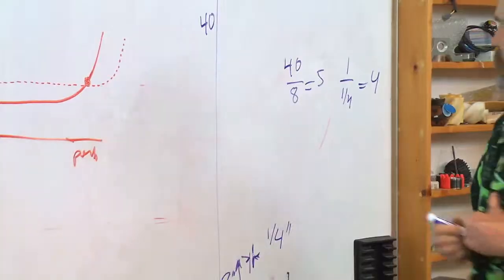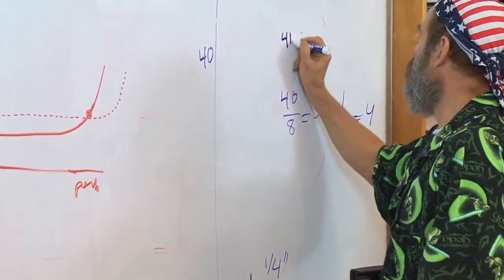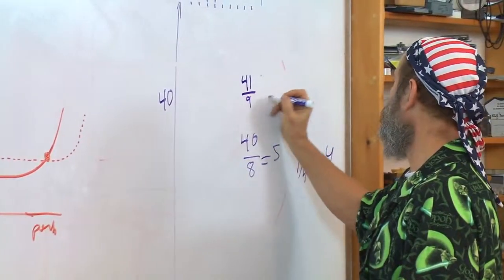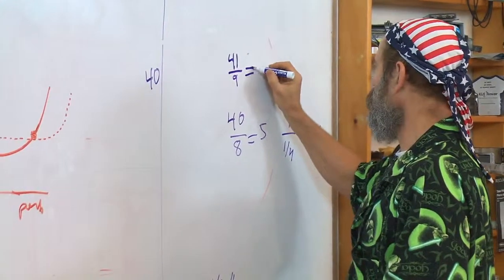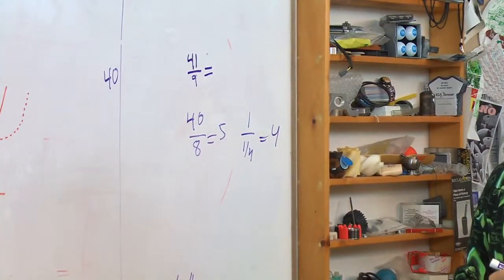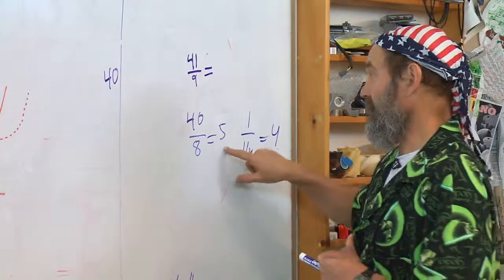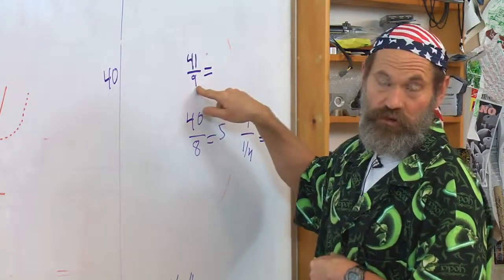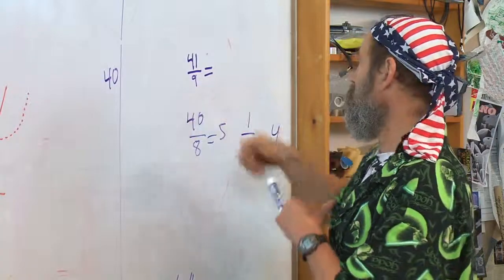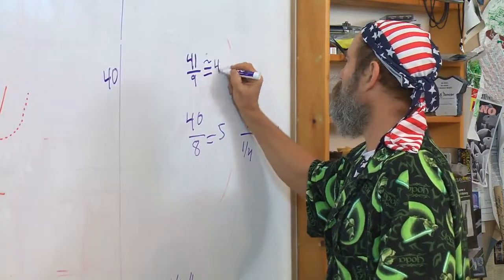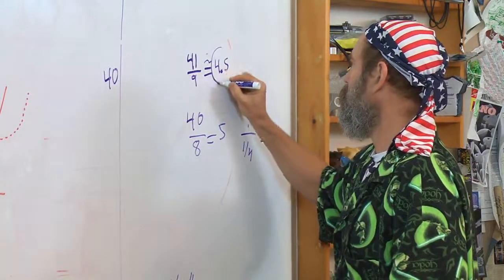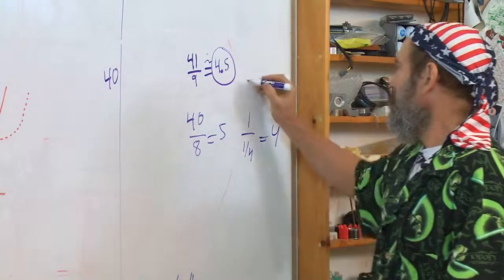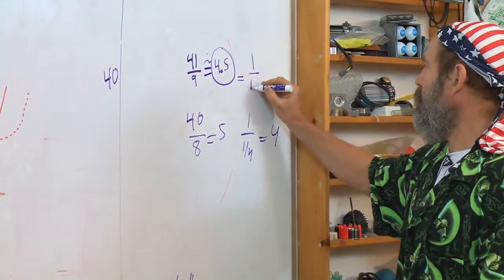So in reality, first set of errors is 41 over 9 equals what? It's not 5. 9 times 4 is 36. Half of 9 gives me there, so it's around 4.5. Equals 1 over 1/4.